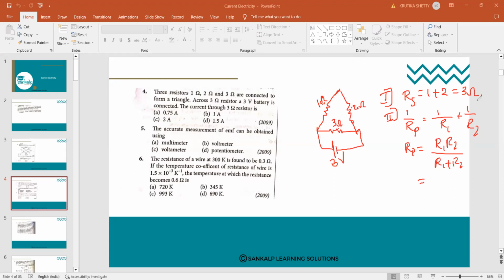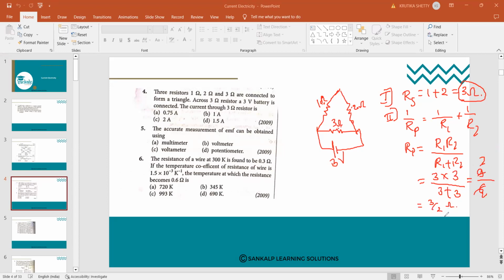This is your series effective resistance, R1 is 3, into R2, which is connected in parallel, that is 3, divided by 3 plus 3. So 3 threes are 9, and 3 plus 3 is 6. Therefore it becomes 3 by 2 ohm.